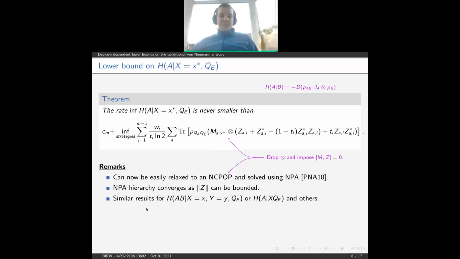Importantly for applications as well, I've expressed this for a particular conditional von Neumann entropy here, just Alice's output given Eve's information, but because the relative entropy can express different conditional von Neumann entropies, you can derive similar results, for example, for the entropy of both the outputs, or if you want to average over the inputs of Alice as well, or you can do other expressions as well. For example, this method works for multipartite scenarios beyond 2 parties.